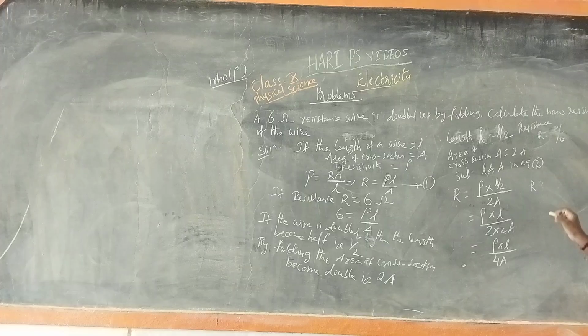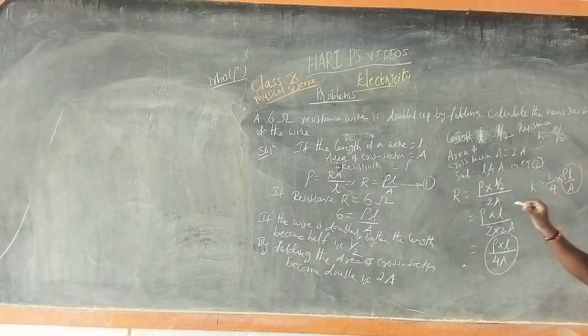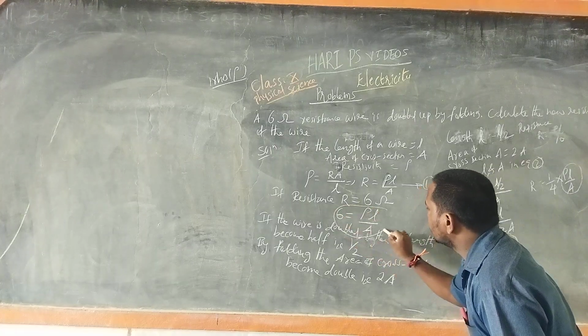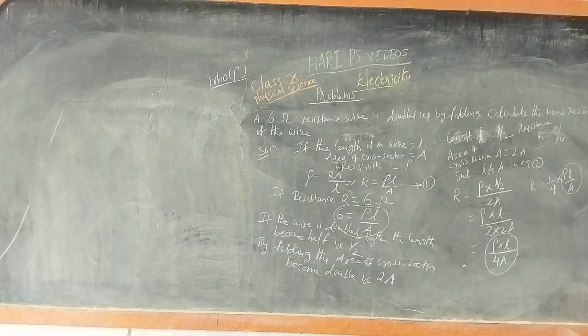So R is equal to 1 by 4 into rho L by A. This rho L by A is equal to 6.